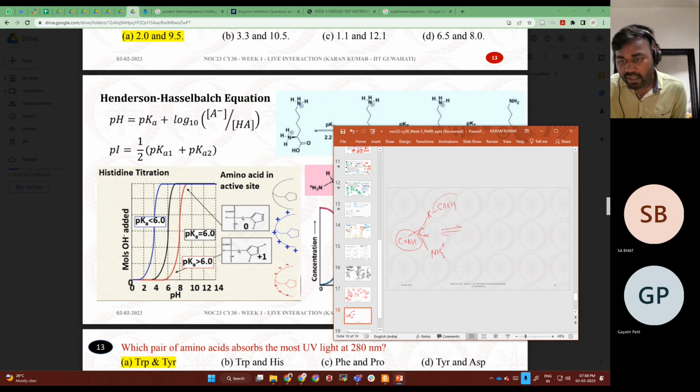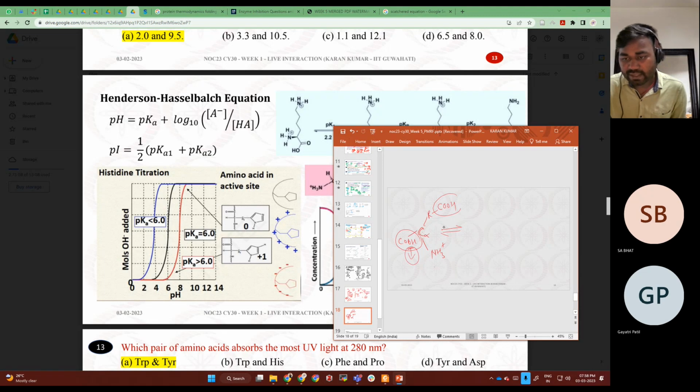Then why will it lose its proton? Because it is attached to the alpha carbon, and it has higher delocalization of electrons. So this is the more polar group. So the alpha carboxylic group, COOH, will lose its proton first. Then it will exist in which charge? This is the negative charge, this is the positive charge.